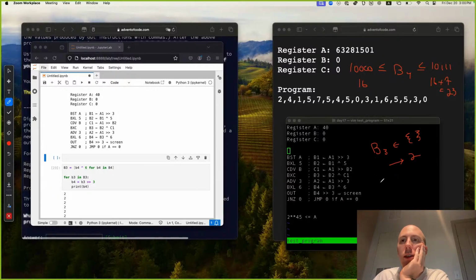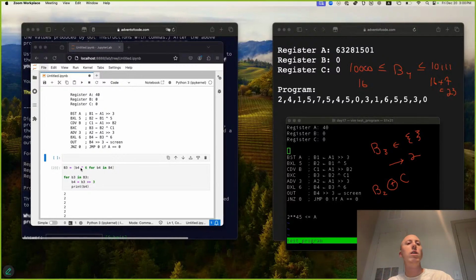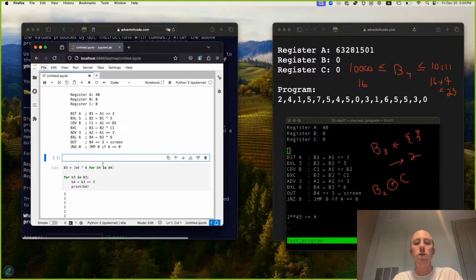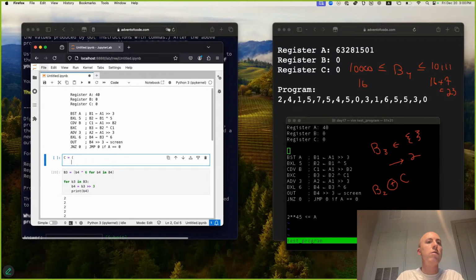Well, what is B3? B3 is equal to B2 XORed with C. So we're going to XOR every number. To get all the B2 that will output a 2, we can XOR with C. Let's just say C is equal to 0.